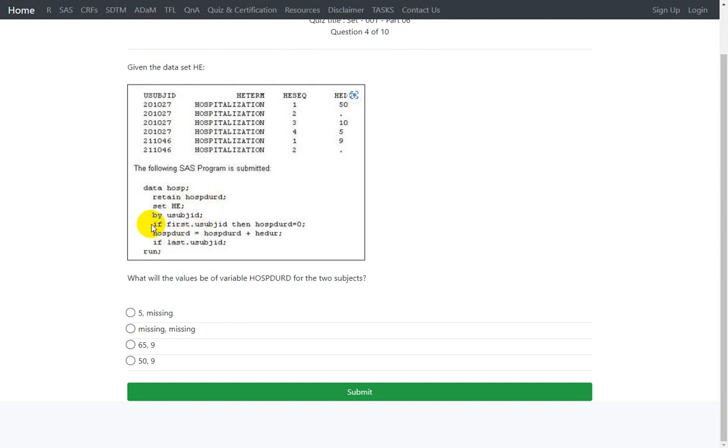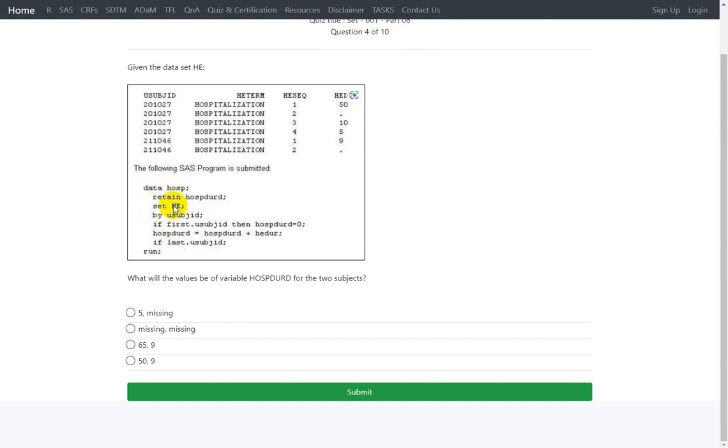And the code says if first.USUBJID, then HOSPDURD is equal to 0. So for the first occurrence of each subject, they are resetting the value of HOSPDURD to 0. And then there is an assignment statement which adds HEDUR to HOSPDURD and assigns it back to HOSPDURD. And then we have this subsetting if statement which says if last.USUBJID.